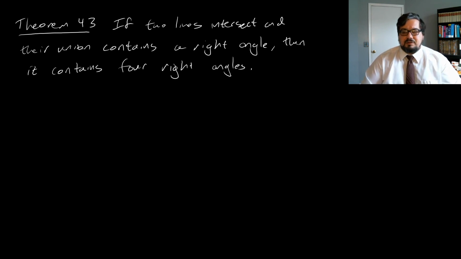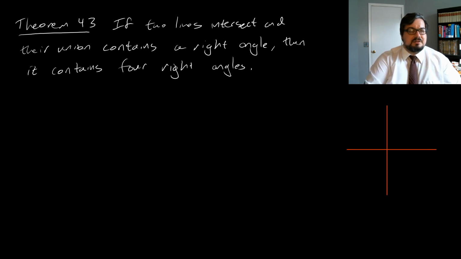So let's sketch out what this sort of situation would be. So we want to take a couple of lines that intersect at a point here, and our hypothesis is that their intersection contains at least one right angle, that there's a right angle that's contained in the union of these two lines.